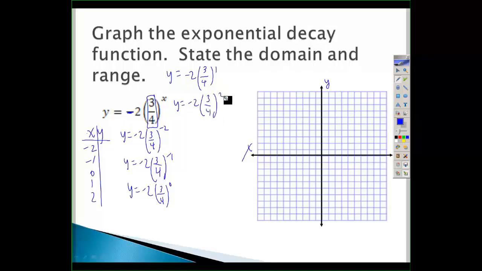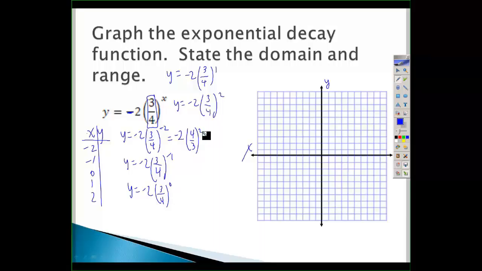A lot of people are tempted to just cross cancel right off the bat. But remember, you have to actually use order of operations and do the exponents first, the powers first. This negative right here is going to flip the fraction over. So really this is negative 2 times (4/3) squared.